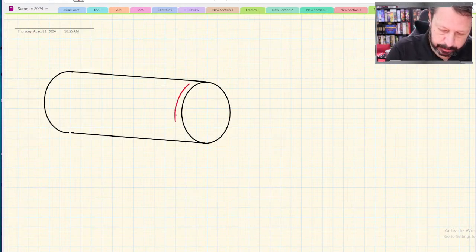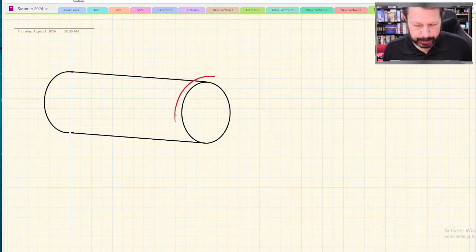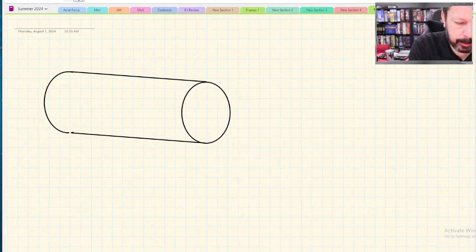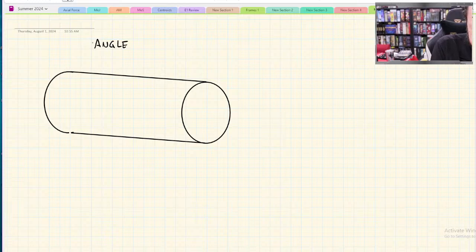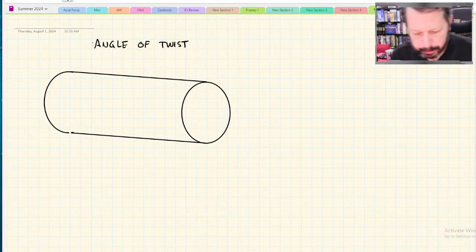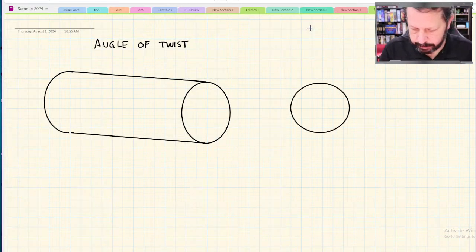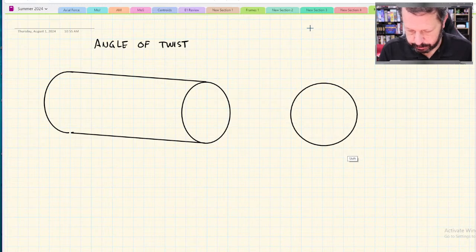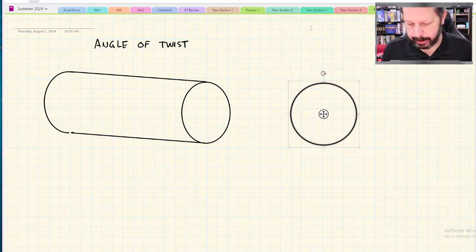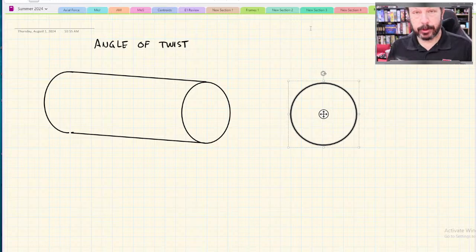So let's not apply the torque yet, since we're talking about angle of twist. It would help to also draw an end view of the cross section, like that. This is the circle of the cross section.